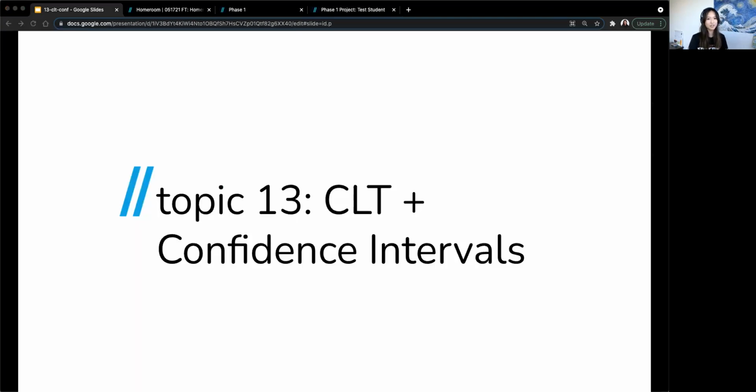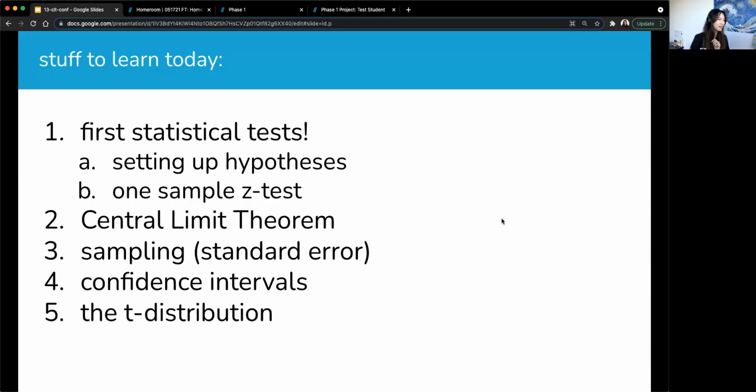So today we're going to be talking about central limit theorem and confidence intervals. I have restructured it a little bit in a way that I think will be easier to get through. So we'll be talking about slightly different things. First, we're going to actually talk about our first statistical test, because I think this connects really nicely to what we talked about at the end of yesterday. We'll be talking about the one sample z-test.